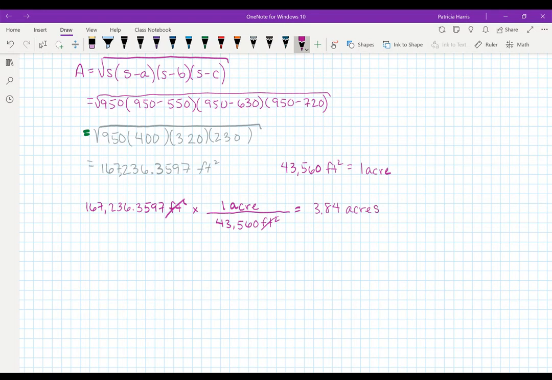Okay. At about $3,000 per acre, that's going to cost me $11,520.